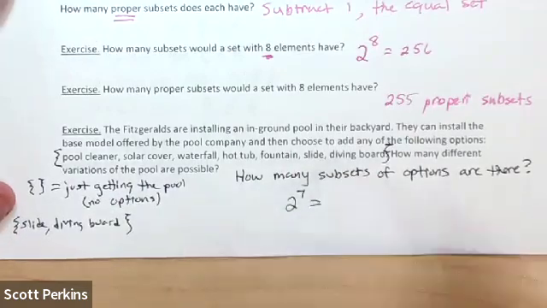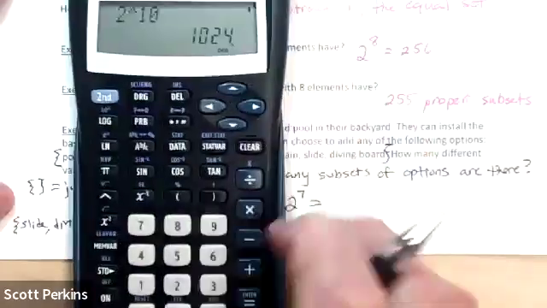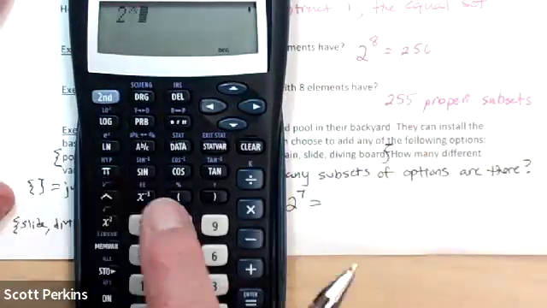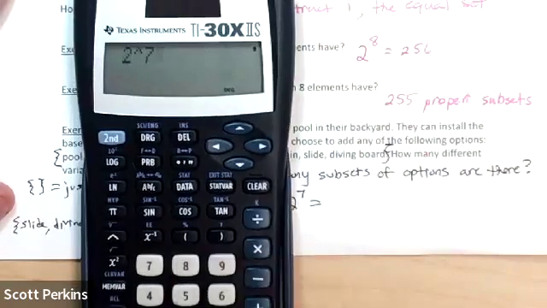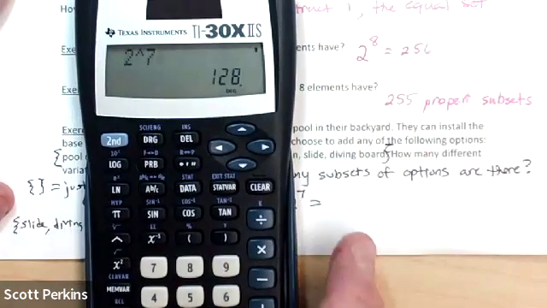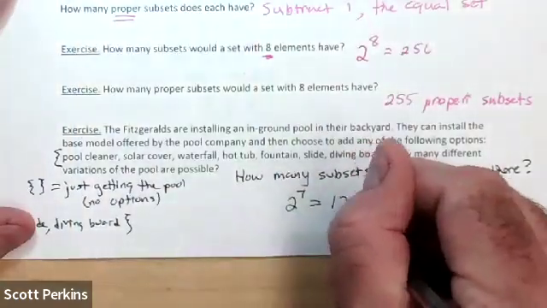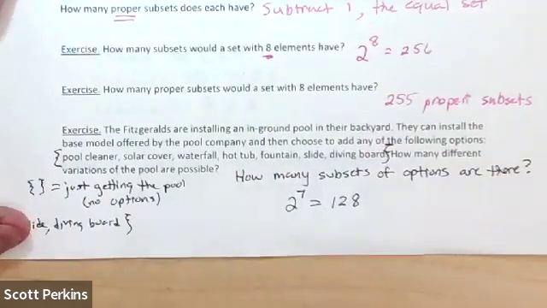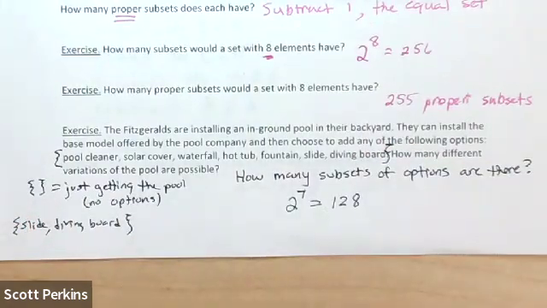And 2 to the 7th, when I throw that into my calculator, is equal to 128. So there are 128 different styles of pools that can be sold.